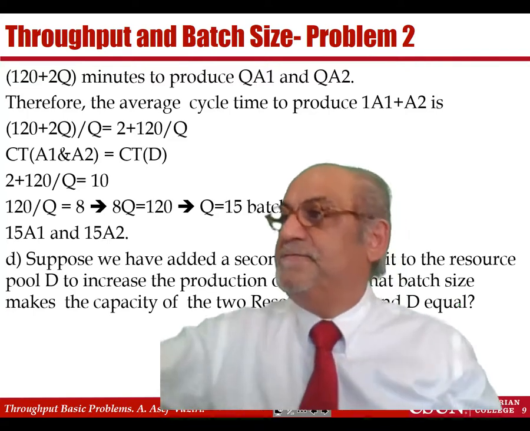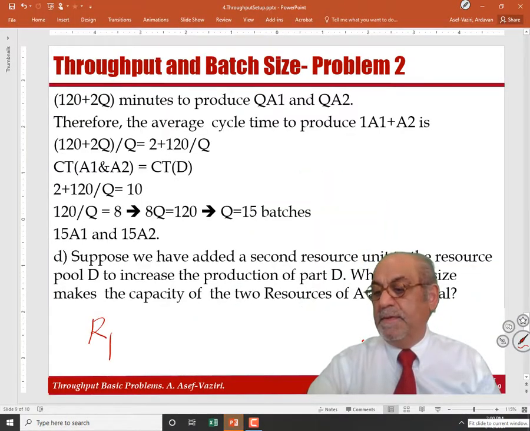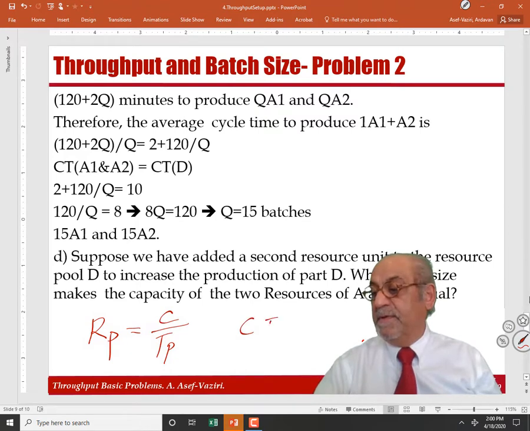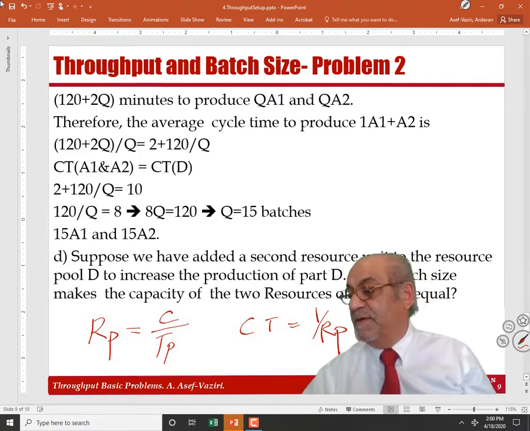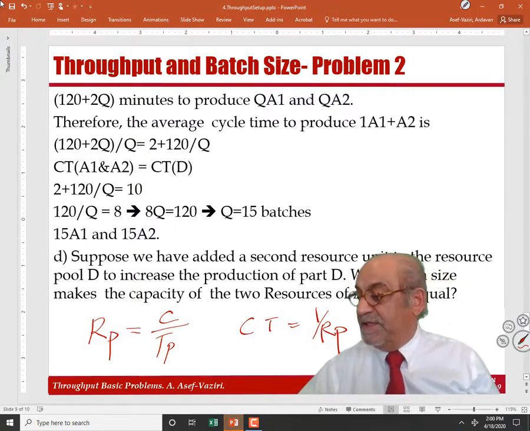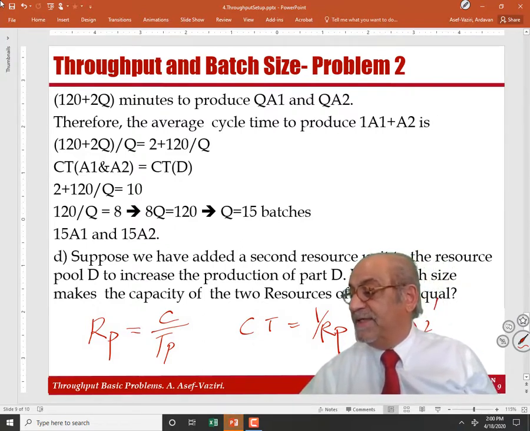Don't forget, RP is equal to C divided by TP. Cycle time is 1 over RP, and therefore it is equal to TP divided by C. Now, if I have two resources and TP was 10, cycle time is 5.